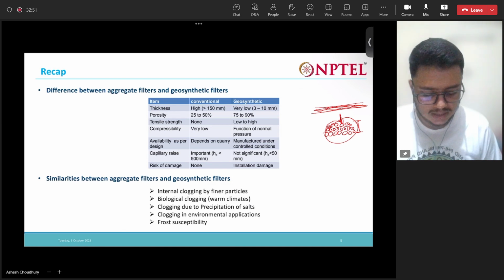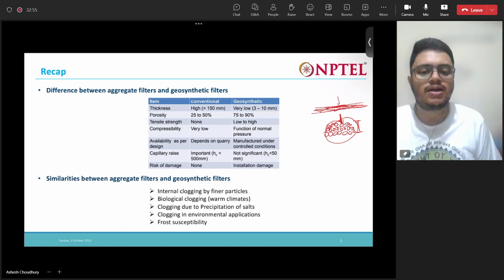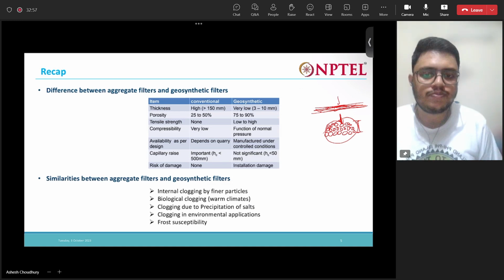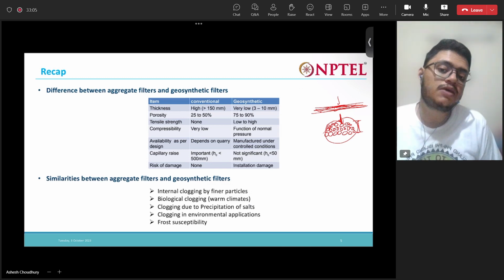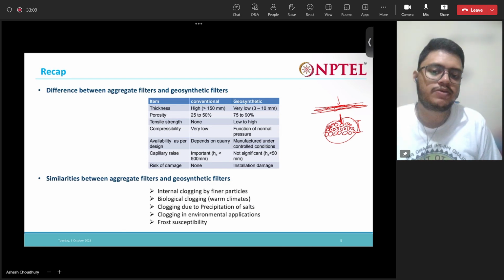But as the geosynthetic thickness is very small, it is highly sensitive to vertical or normal pressure. If the pressure is high, it will affect the filter properties or the drainage property of the geosynthetic. So that we need to consider.